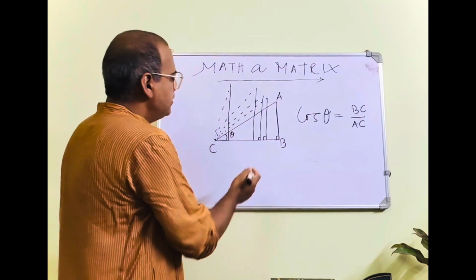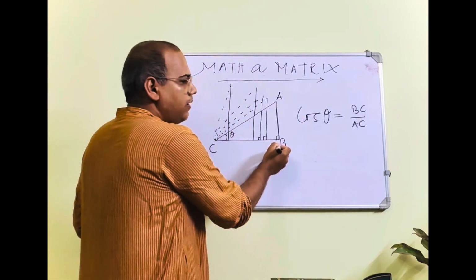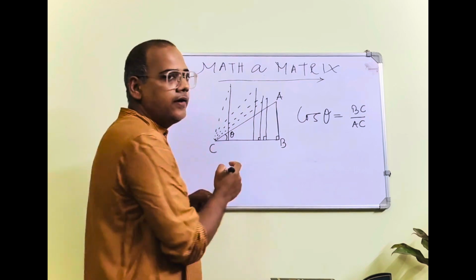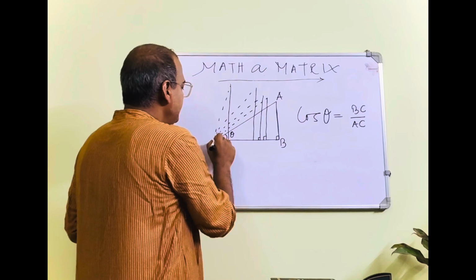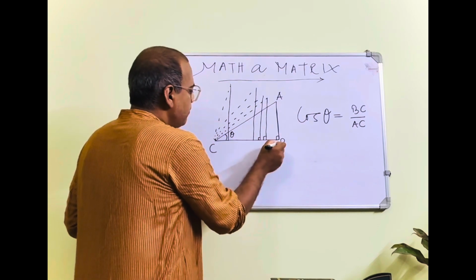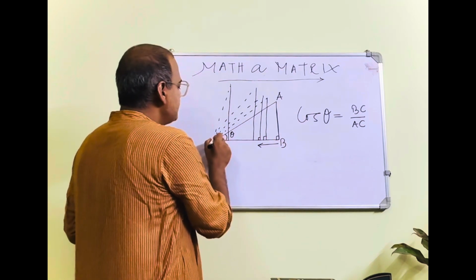So at the end, what will happen? B will move towards C if I keep increasing theta. And for theta equals 90, B will coincide with C.